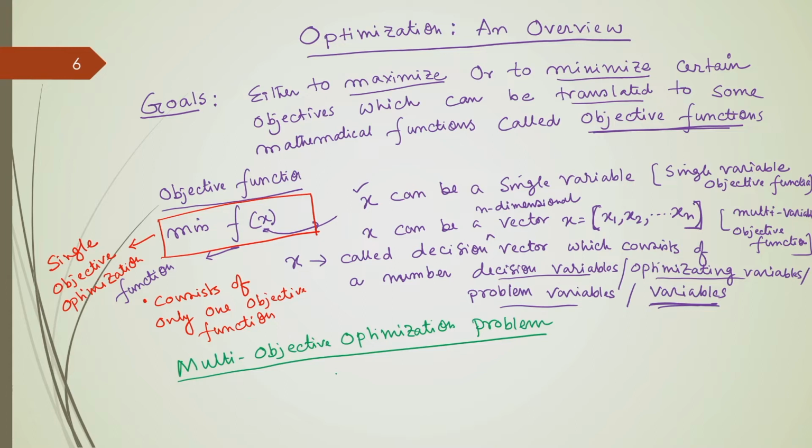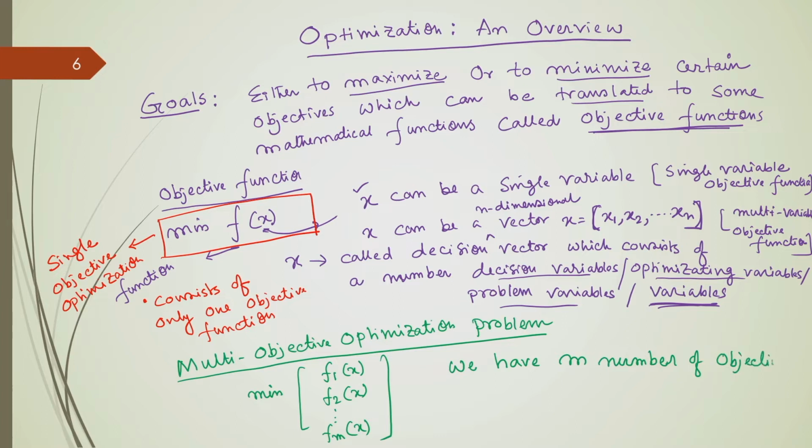The typical representation of a multi objective optimization problem is something like this: minimize a number of objectives f1(x), f2(x), up to fm(x). Okay. So, here you can see we have m number of objective functions.